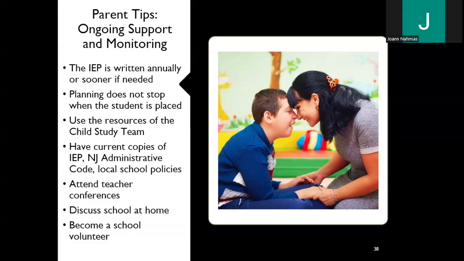Attend teacher conferences and regularly discuss school at home. This can help you stay connected with your child's progress. Finally, becoming a school volunteer when possible can strengthen communication and build positive relationships.